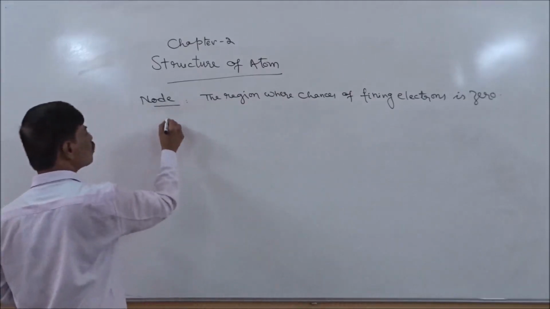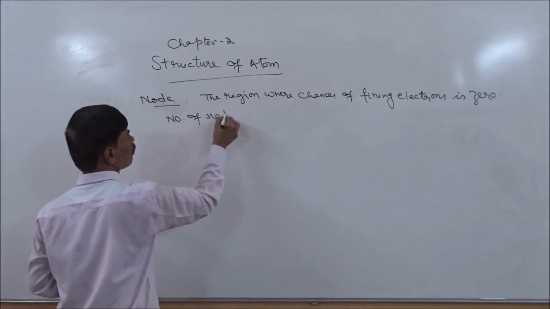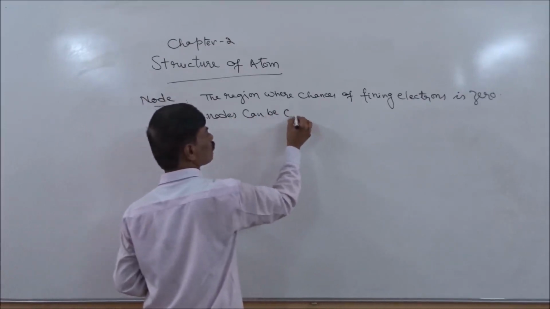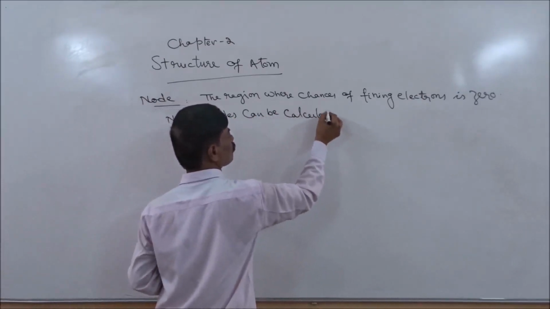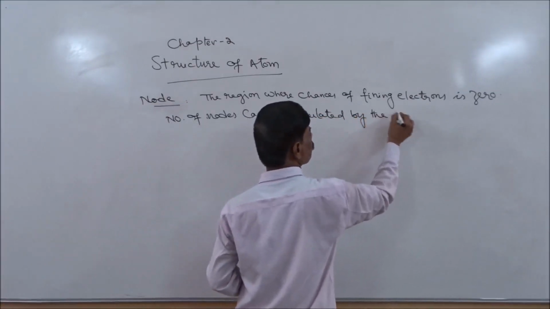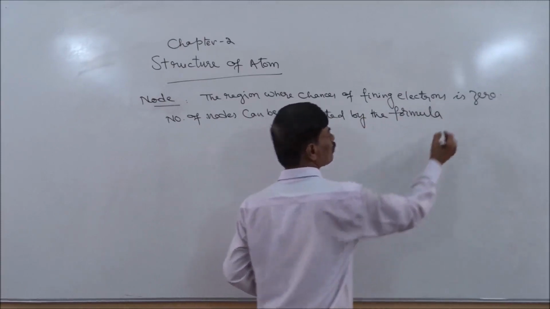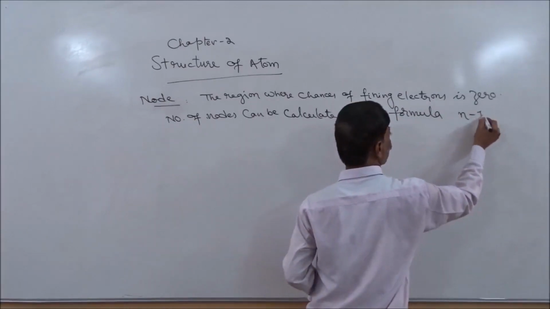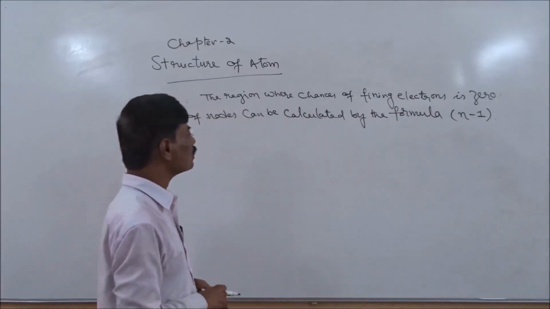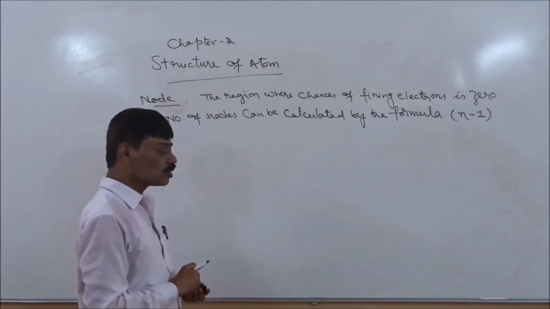Next, number of nodes can be calculated by the formula n minus 1. This is the formula used to calculate number of nodal surfaces or nodes.